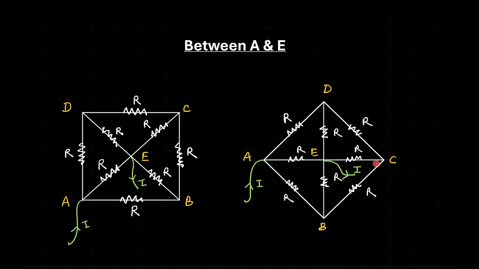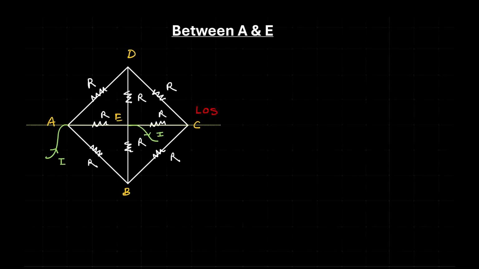So by the symmetry the same current will go to this part and this part, because these two currents are the same, starting from the same point, they will suffer the same potential difference from here to here and here to here. So B and D would be at the same potential.